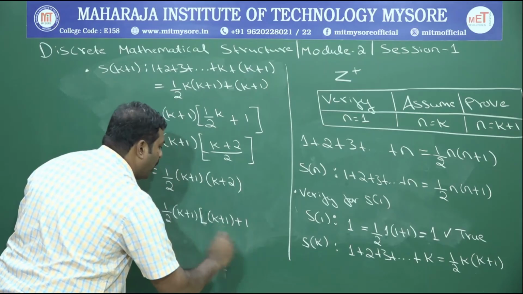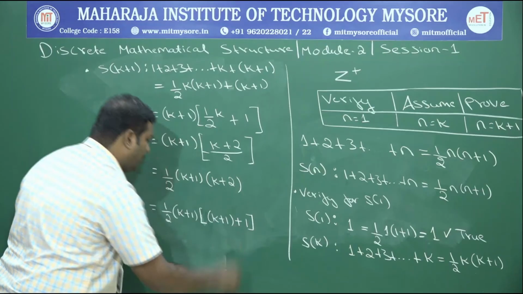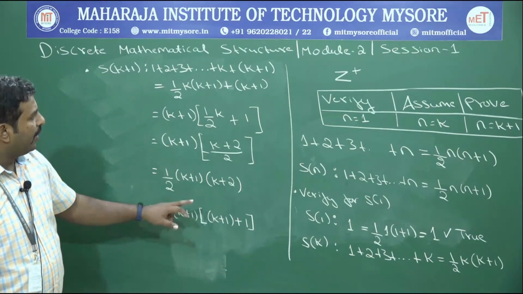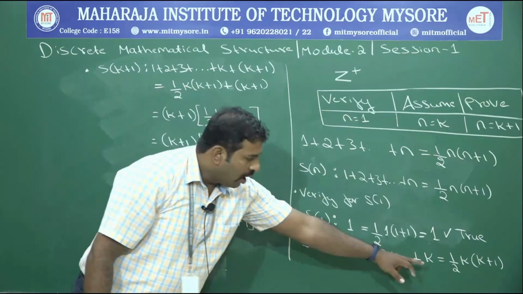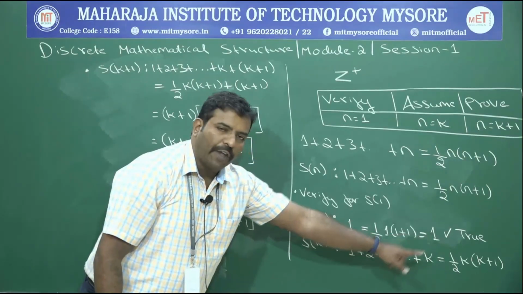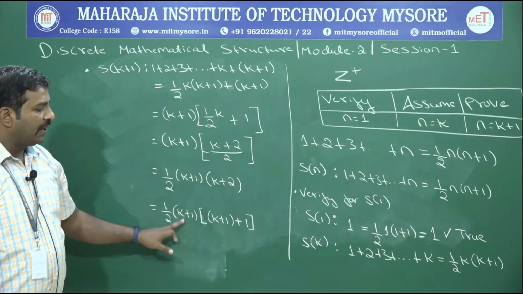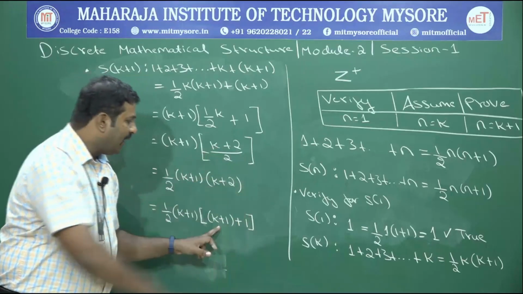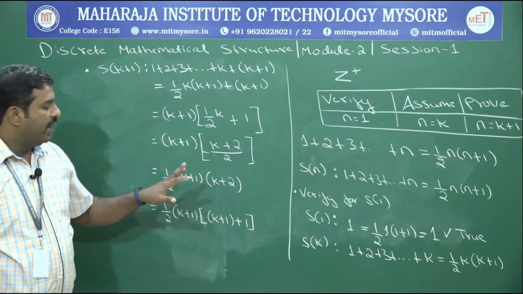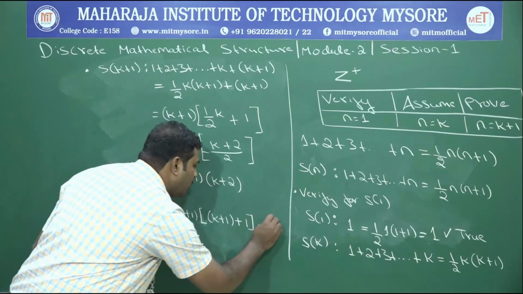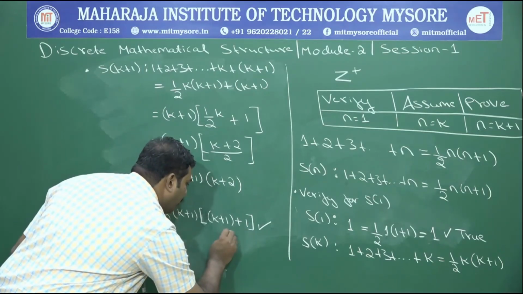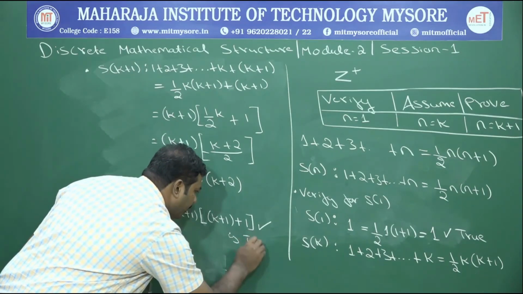I split the 2 as 1 and 1. And now this is going to be the statement. Now just observe here. For k, it is 1 by 2 k of k plus 1. I have replaced k with k plus 1 and k again with k plus 1. And so this has been proved. Hence, proved to be true.